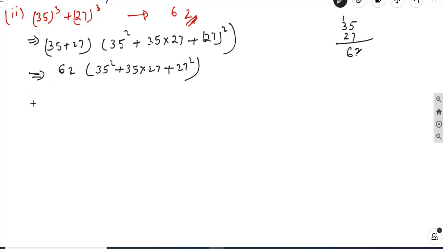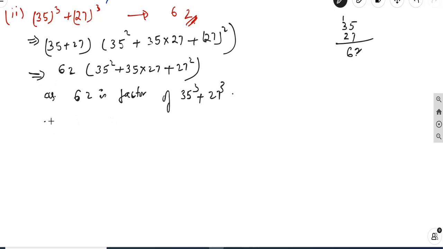So as I have a factor of 62, therefore 62 is a factor of 35 cube plus 27 cube.